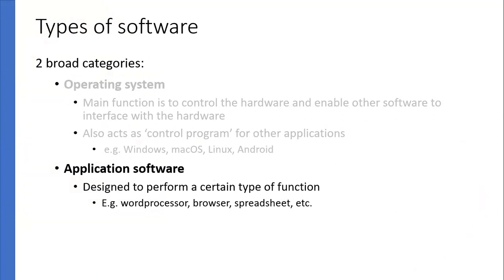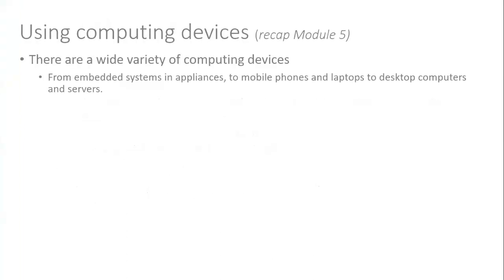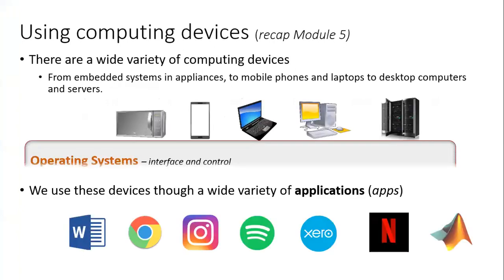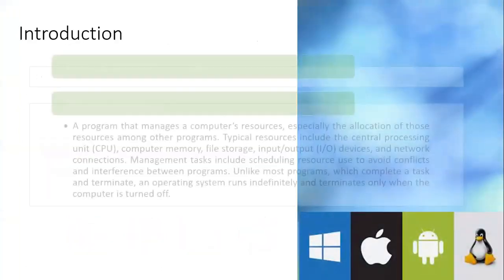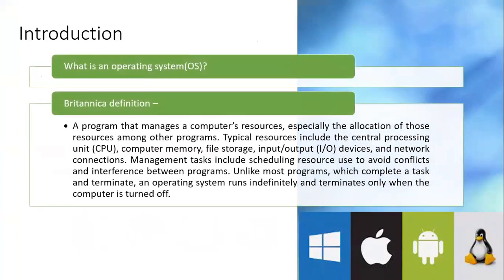Application software are the software that we are using day-to-day life to perform many activities. So there are different types available, and here the standard definition from Britannica.